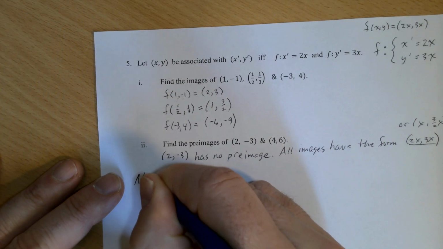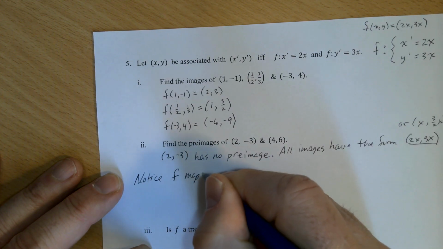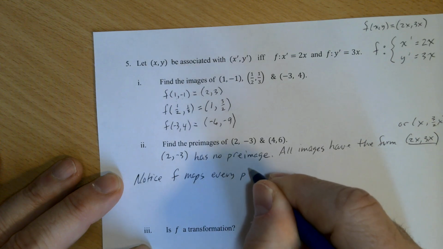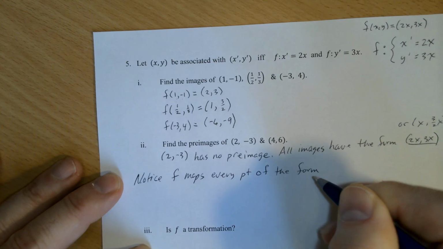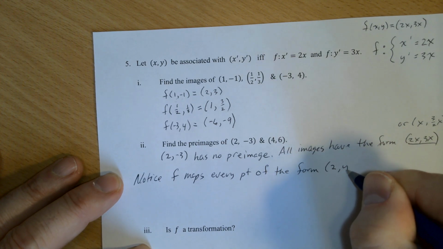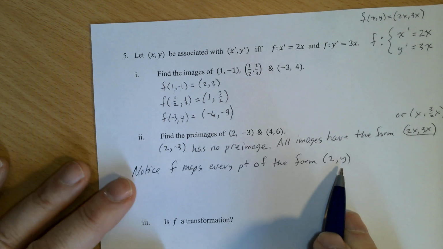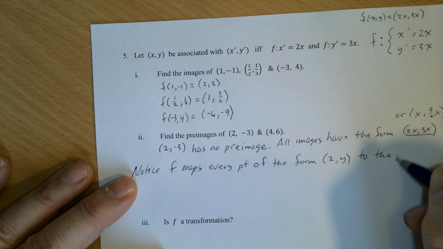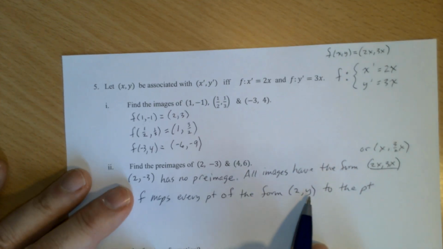Notice f maps every point of the form (2, anything). So I'm just going to say (2, y). It does not matter what y is. What does every point of this form get mapped to? x is 2, y can be anything.